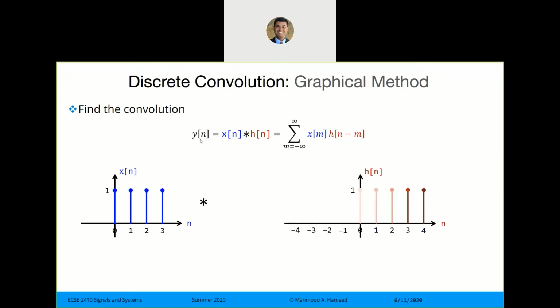On the top here, I have y of n equals x of n being convolved with h of n. And that can be written up in the discrete summation, the convolution summation, as over here. Summation m equals negative infinity to infinity, x of m, h of n minus m. Now I have color coded them as blue and red to indicate the input and the impulse response of the discrete time system in red.